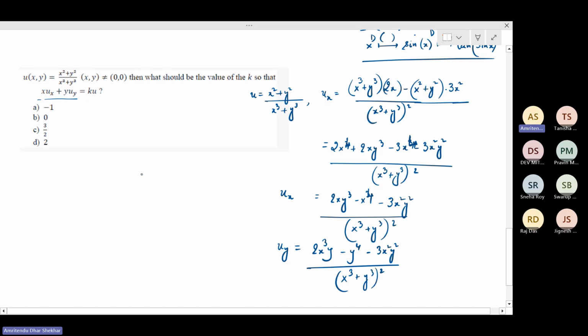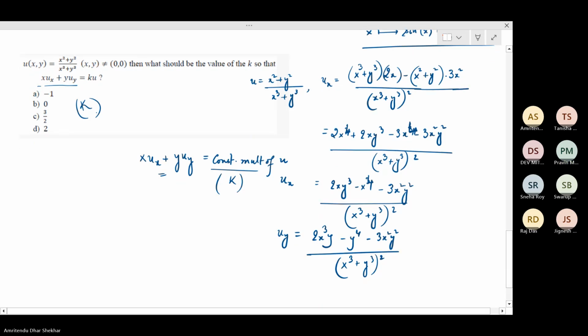Then you basically compute this algebraic identity: x ux plus y uy is going to be equal to a constant multiple of u. This constant multiple is k, and you're supposed to find out the value of k. So I leave it as an exercise to finish this calculation.